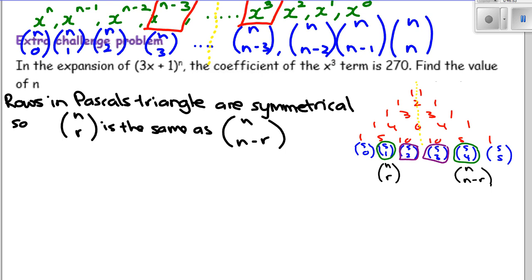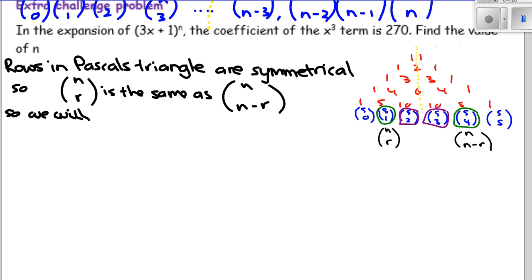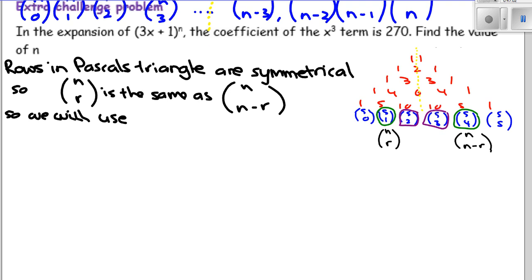So we will use n choose 3 in the place of n choose n minus 3. See what I've got written on the top.